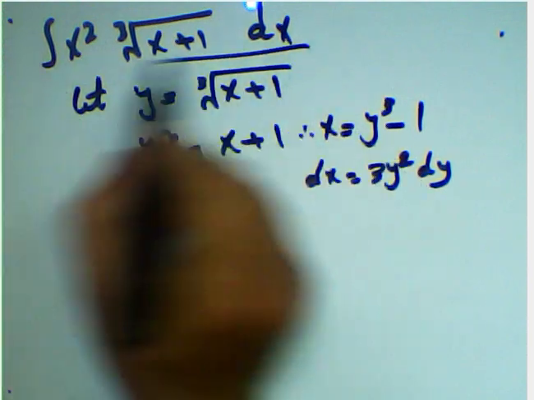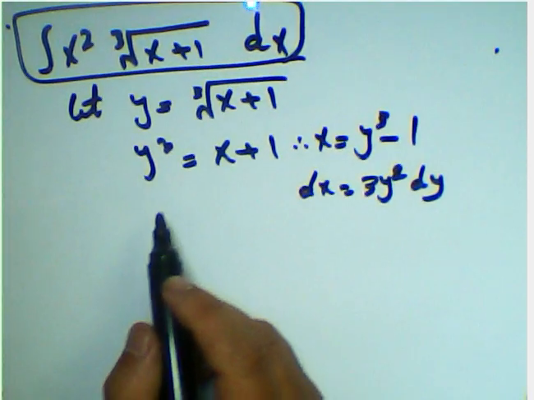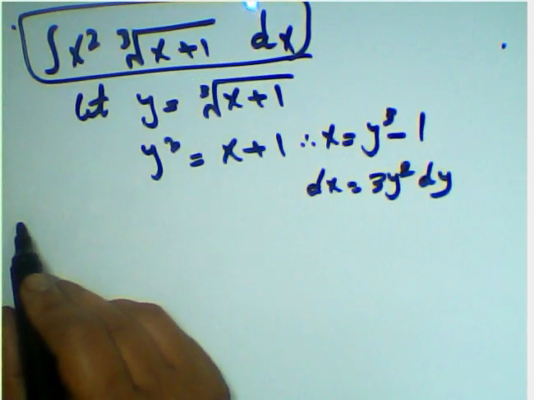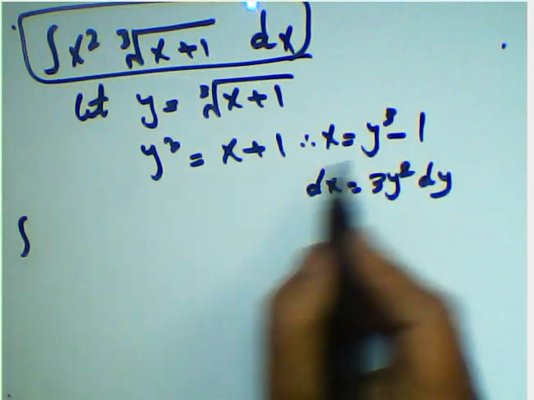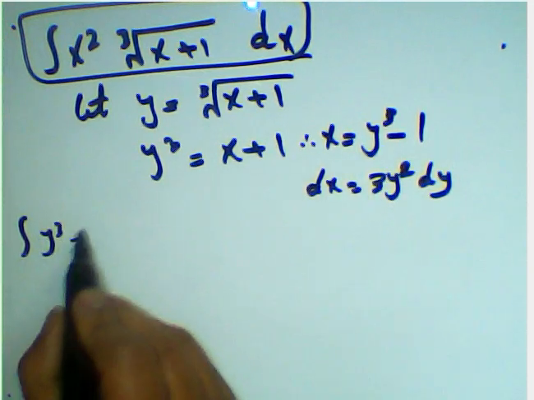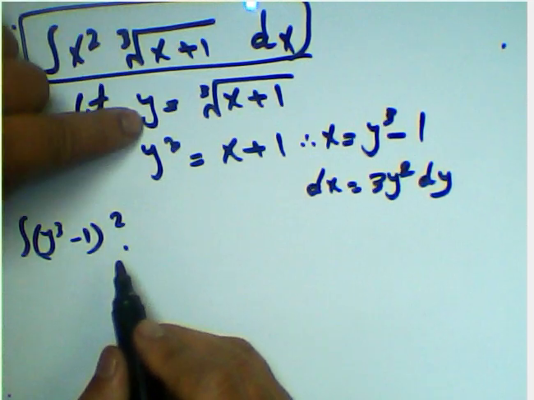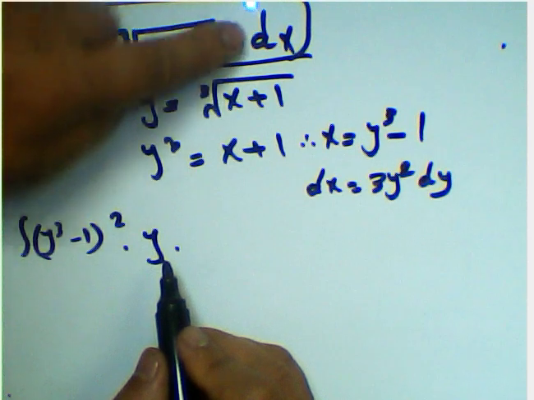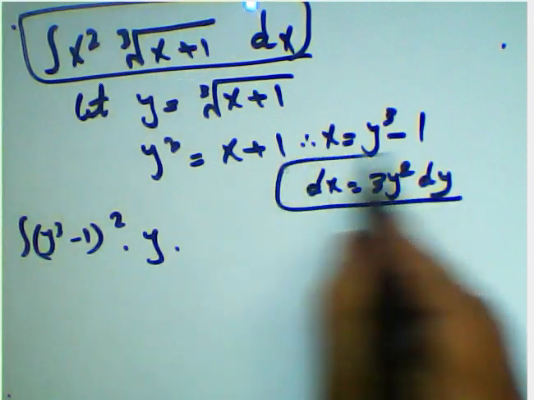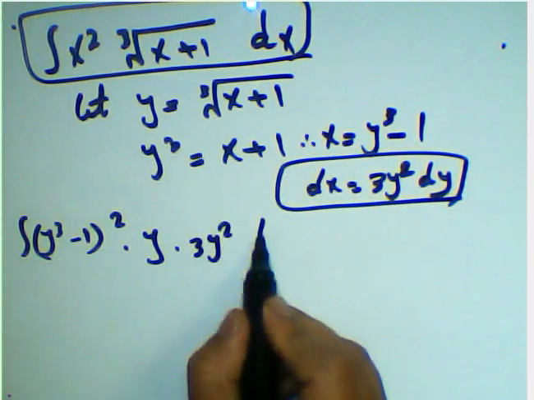Look at this function here, integration of x power 2, x here is y power 3 minus 1, all power 2, multiplication by this function y, multiplication by dx here, 3y power 2 dy.